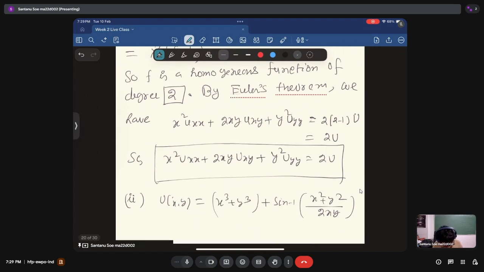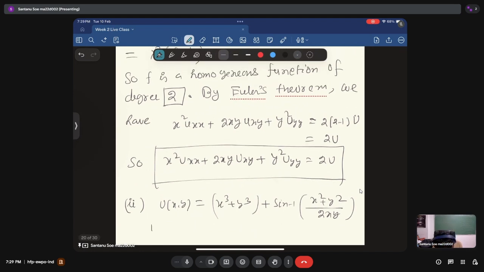So then u of lambda x comma lambda y will be lambda x cube plus lambda y whole cube into sine inverse of lambda square into x square plus y square divided by 2 lambda square into xy.